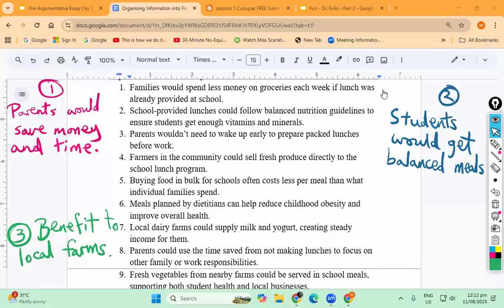Right? Everybody understands that? Anybody confused about that? So I'm closing the chat to give everybody a chance to process. Support local farmers.